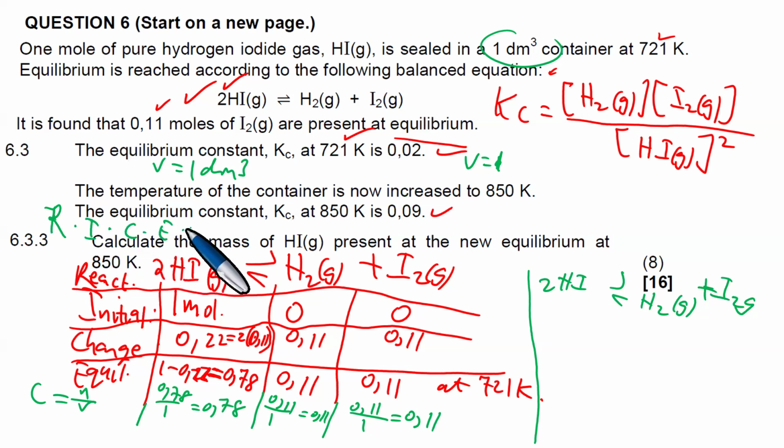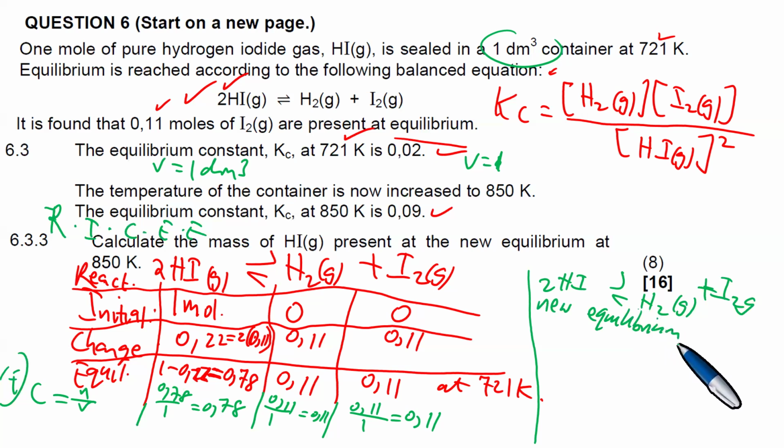So the two equilibria: this is the equilibrium concentration, and this is the equilibrium number of moles. And here, there's going to be a new equilibrium. Let's look at the new equilibrium.